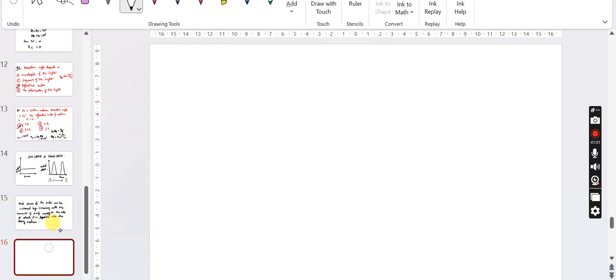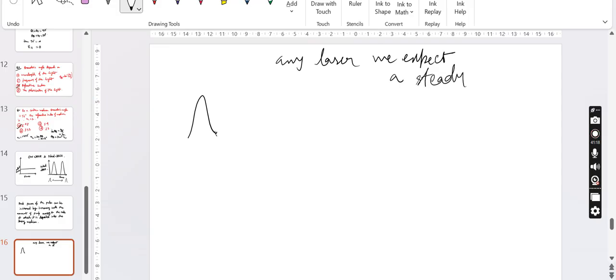For any laser, we expect a steady output. But that doesn't happen in the real world.